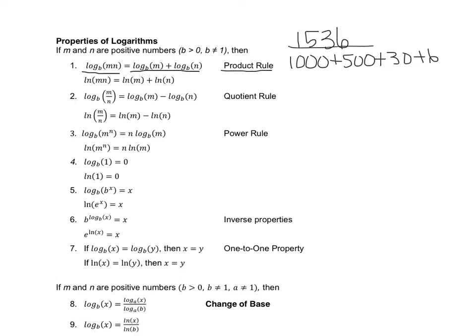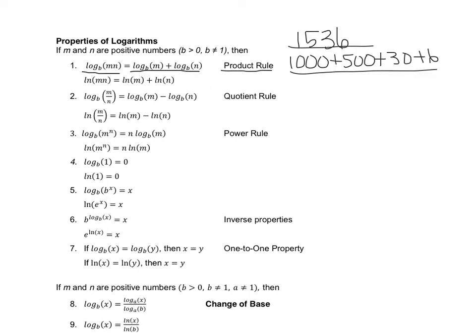So this was standard form when it was all put together. This was expanded form. And so we're going to be talking a lot about expanding and compressing with logs. The product rule is just one example of that: whenever you have multiple things multiplied together, we can expand it out by separating each log with a plus sign.